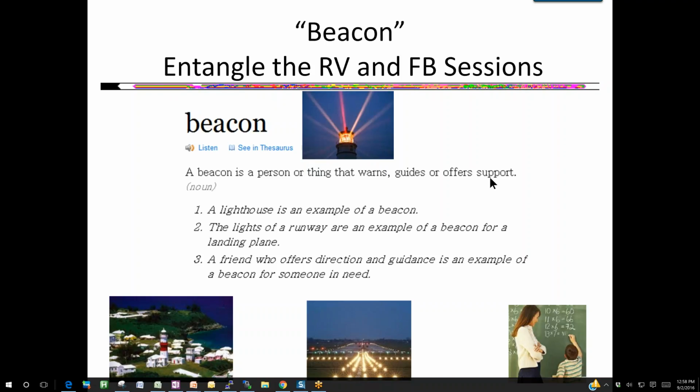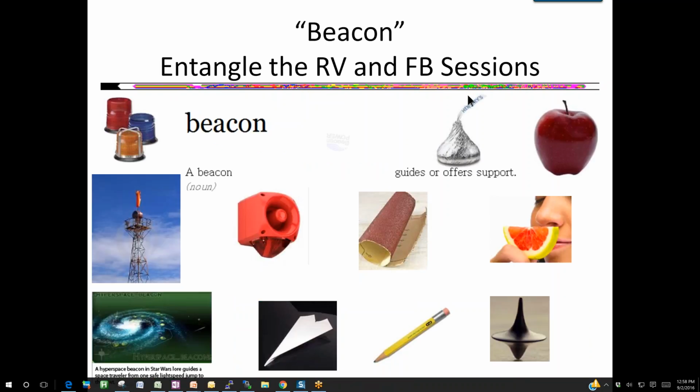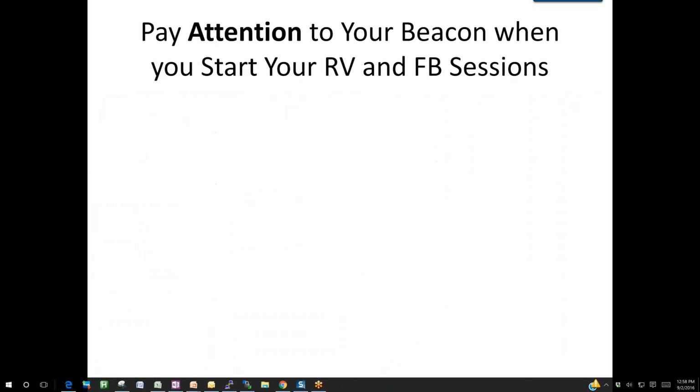Let's add some entanglement energy between the remote viewing session and the feedback session, which will help you get better matches between your transcript that you do here and the truth that you see at the feedback session. Comments, questions? Really important to ask them, because if you've got them, other people probably do as well.